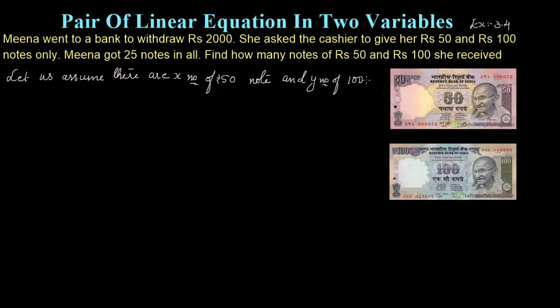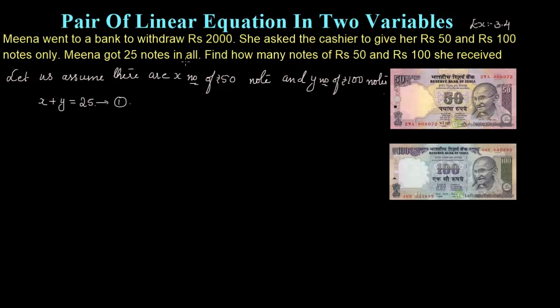We don't know how many notes he has given to Meena, but totally we know it is 25. So if we add, X is nothing but the number of notes of 50 rupees. So 50 rupees notes plus 100 rupees notes, if we add, how much are we going to get? Total 25 notes. This is the first equation, we have got it.